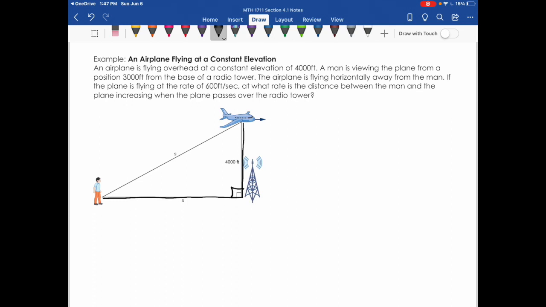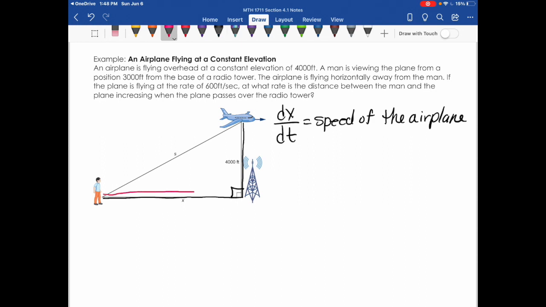So since x represents the horizontal distance from the man to the plane, dx/dt is the change in the horizontal distance, which is the speed of the airplane. If we're looking at how this distance is changing from here to here, that's the speed of the airplane.